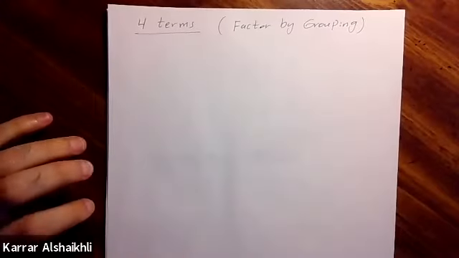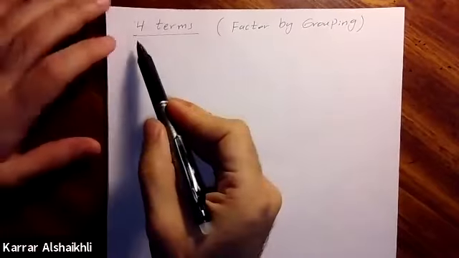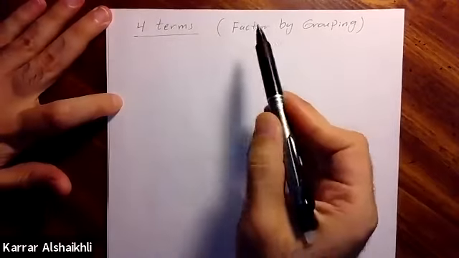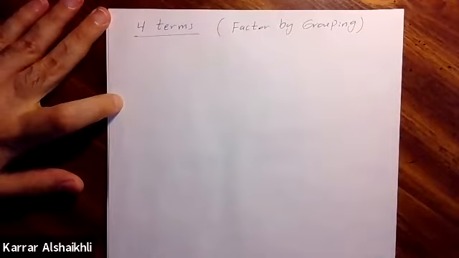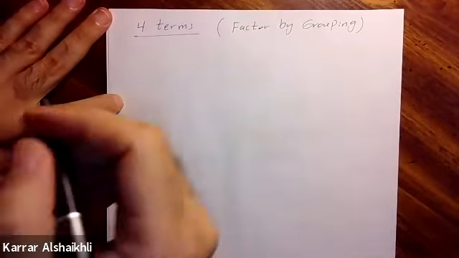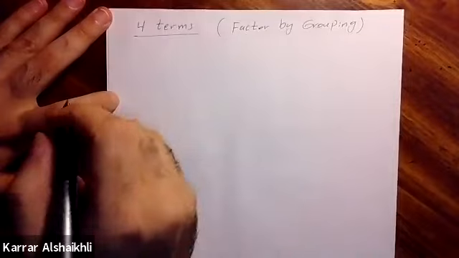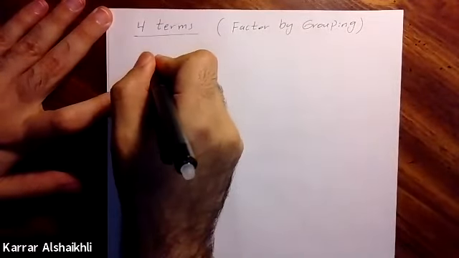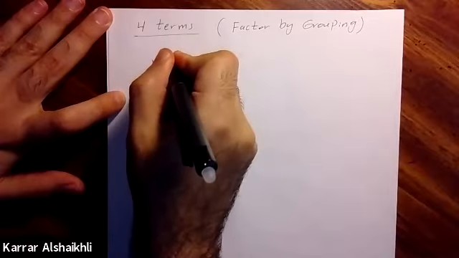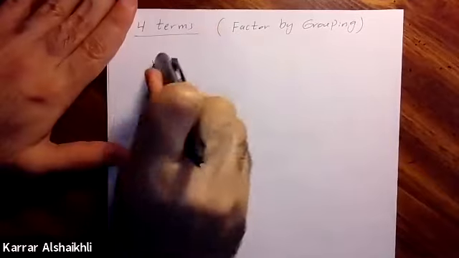Now we're going to work with step 2. If we have a polynomial with 4 terms, we're going to use the method factoring by grouping. Let's do an example about that, and you will see how factoring by grouping works. So now in this example, let's do it with the x, so I'm not getting confused.